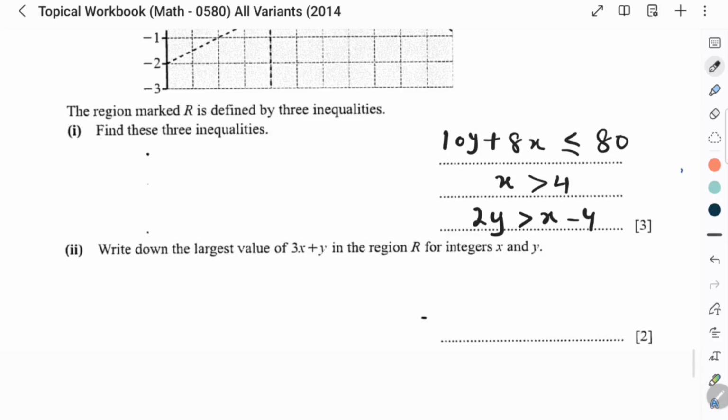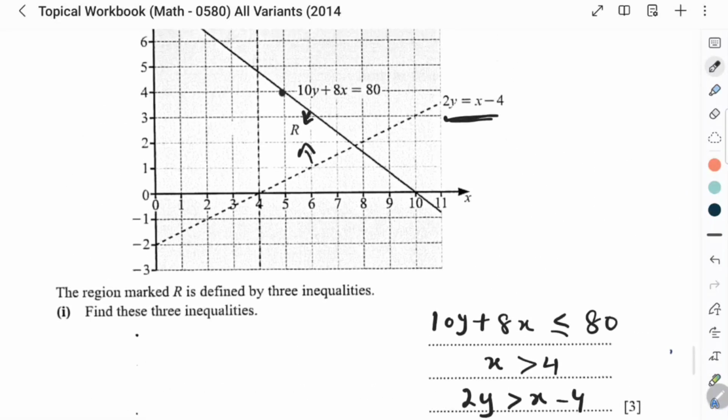Now write down the largest value. This time they are not asking for the integer or the coordinates, but they are asking for the largest value. Whatever you substitute in this expression, you will have to write the final answer, but the coordinates will be integers; they can't be decimals. So let's try some coordinates in the region.